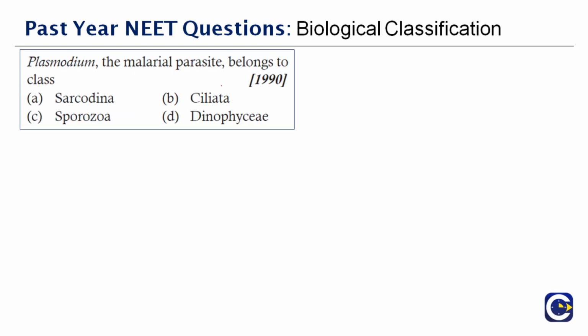Okay, next question here. Plasmodium, the malarial parasite, belongs to dash. Very easy question for you to answer. When we talk about the malarial parasite, the important genus is Plasmodium, and you have several species coming under it which contribute to the disease called malaria.